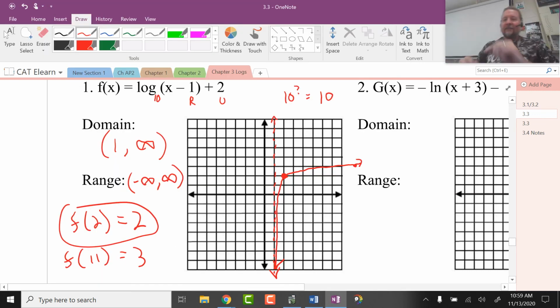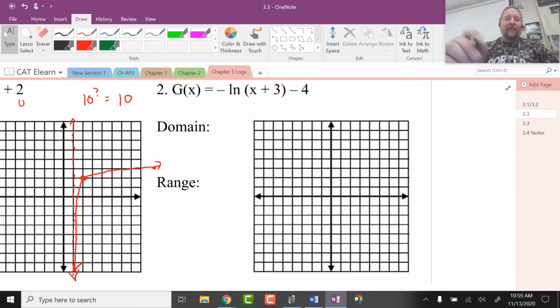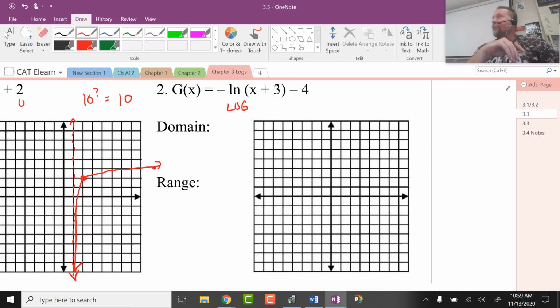Okay, Lucas. Ln. It's log base what? Log base what? Ln is log base what?